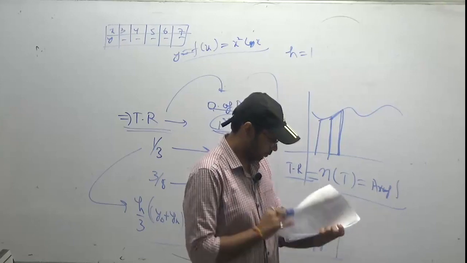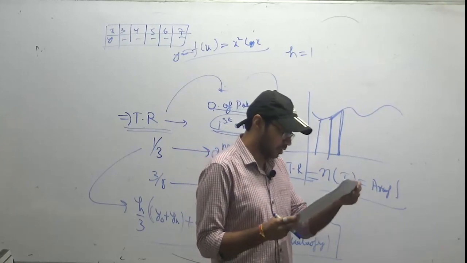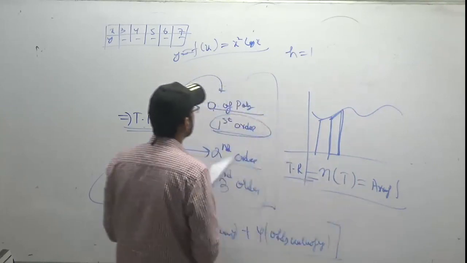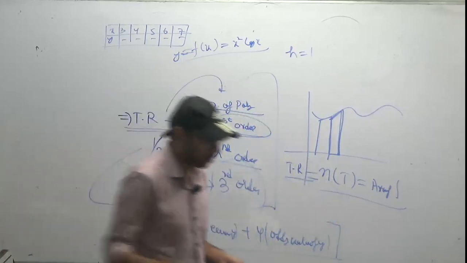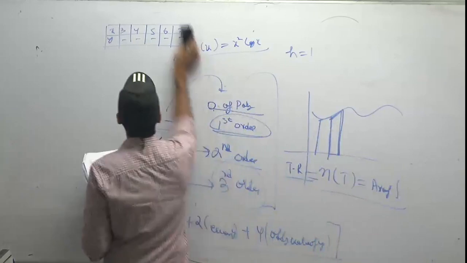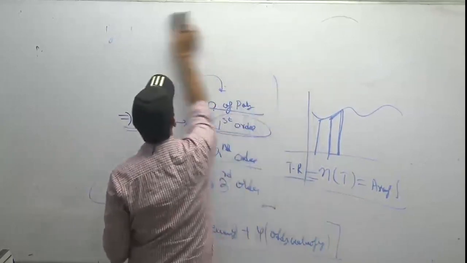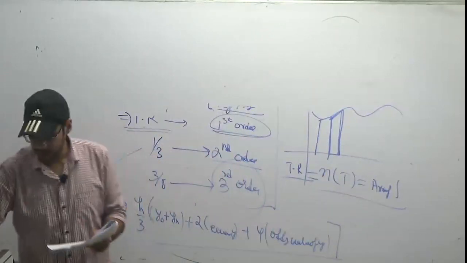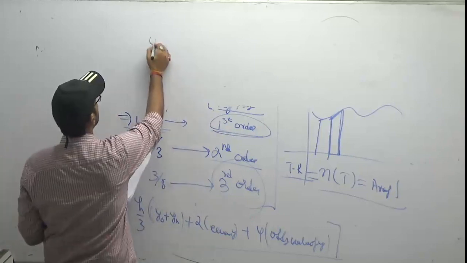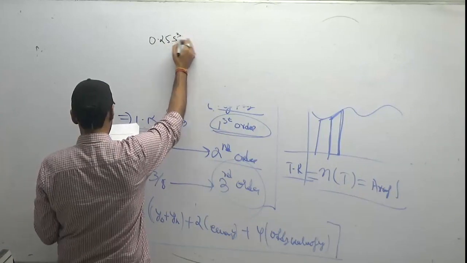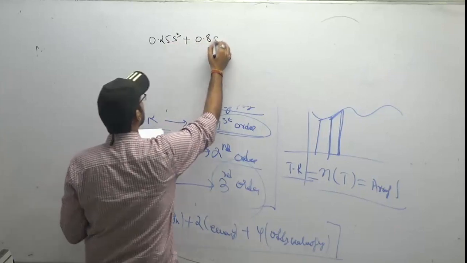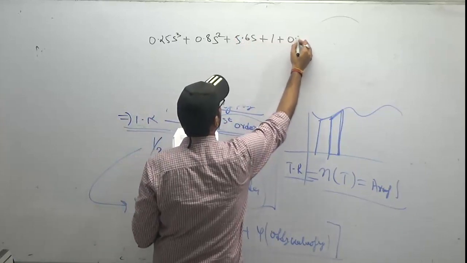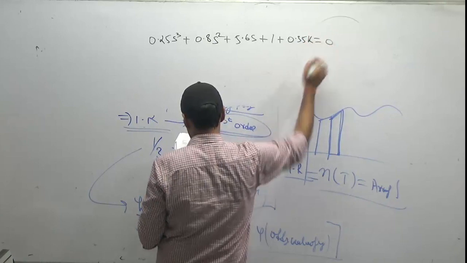Now next question, question number 44. The characteristic equation of a closed loop system is given as 0.25 s cube plus 0.8 s square plus 5.6 s plus 1 plus 0.35 k equals 0.